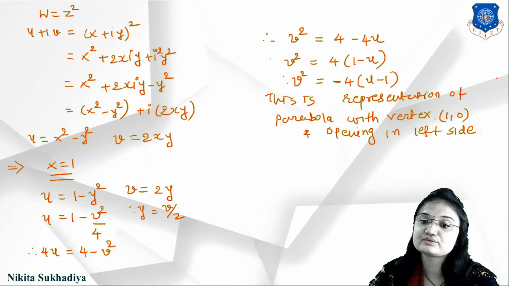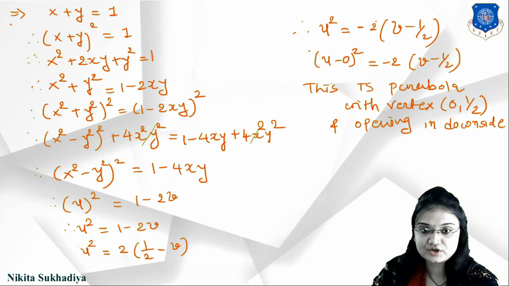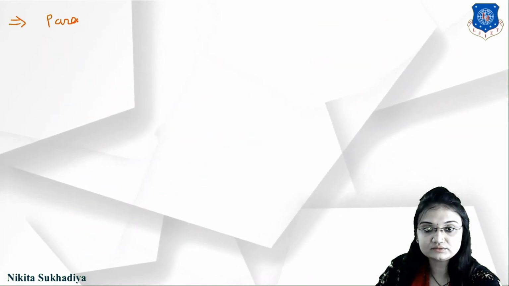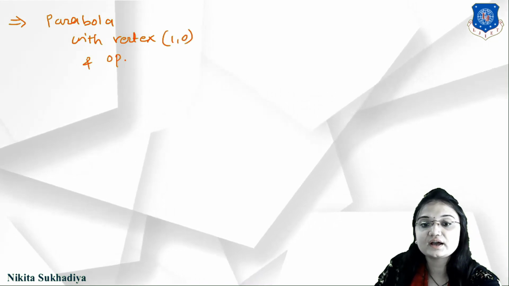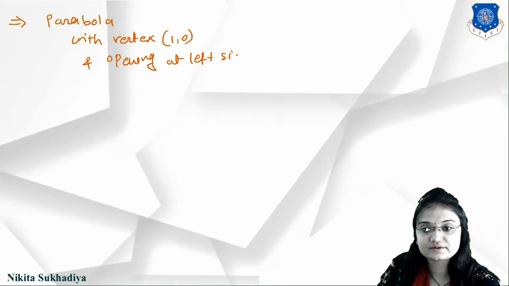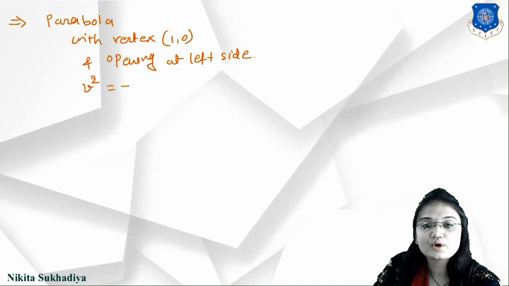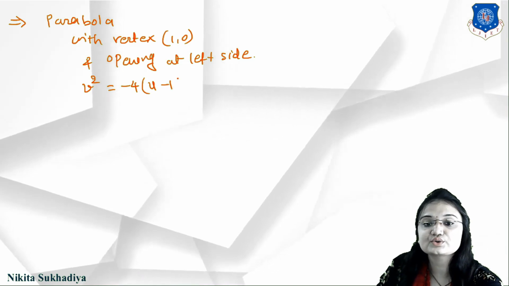Here we have the three line image representations. In the first case we have a parabola with vertex (1, 0) and opening at the left side. This is like this: v square is equal to minus 4 (u minus 1).